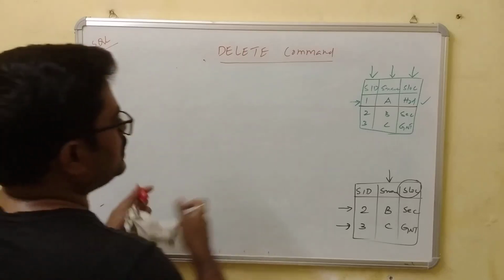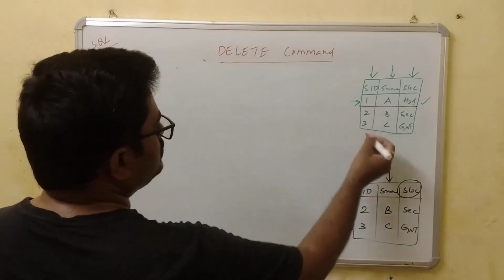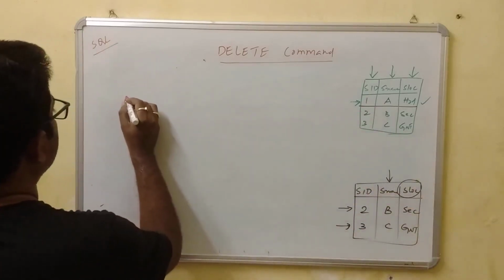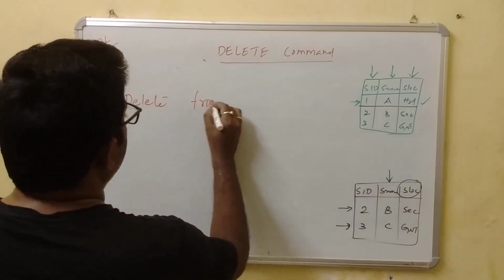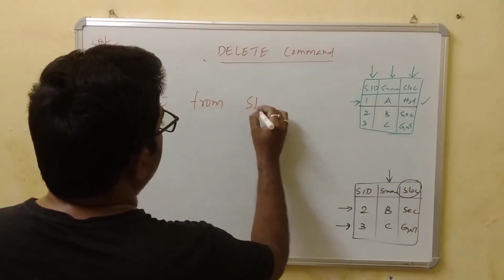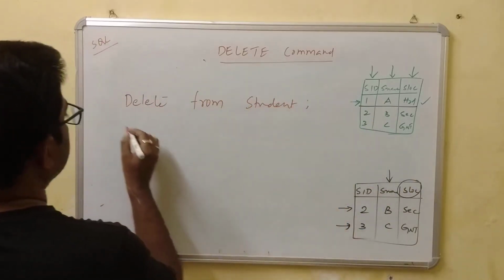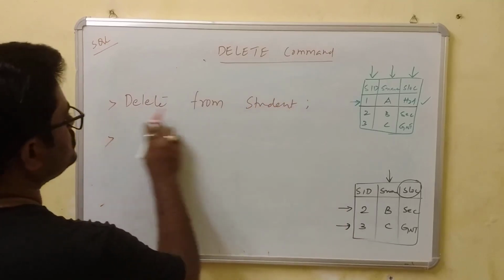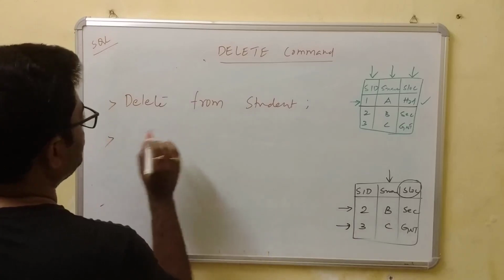So the second case, as I told, this second syntax: already 3 records are available in this table. In that case, if you want to delete from student, this is the name of the table. If you use this query, then all rows will be deleted.